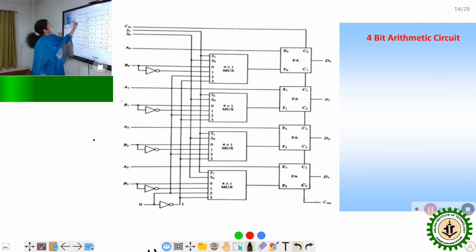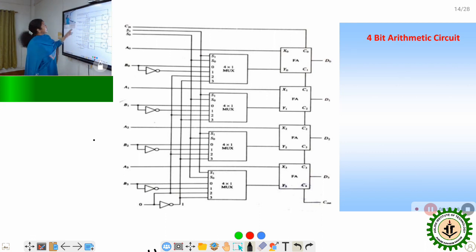So here if Cin is also 0, A plus 0 operation will be possible. A plus 0 means at the output we get D0, D1, D2, D3, the value of simple A. So here only the data transfer operation will be possible.